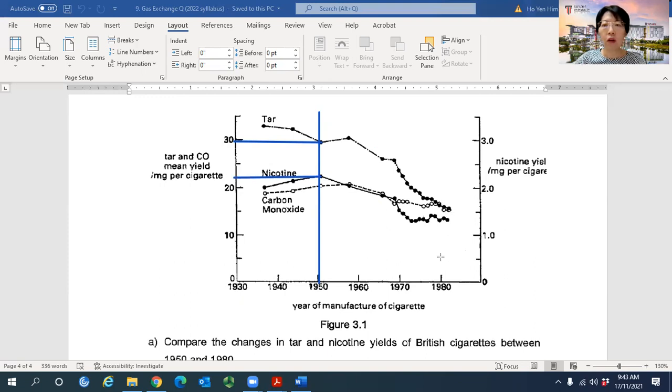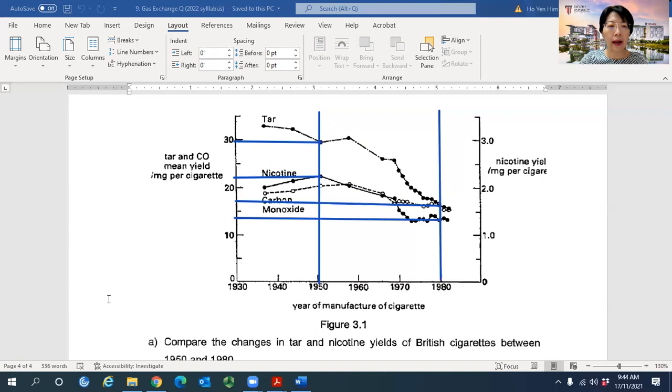Then you read at 1980. Because they ask for 1980, you don't read the last point. What is the value here? Make sure this horizontal line is parallel to the x-axis, and tar is this value here. So you have to read very accurately.